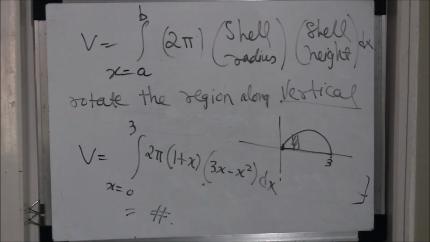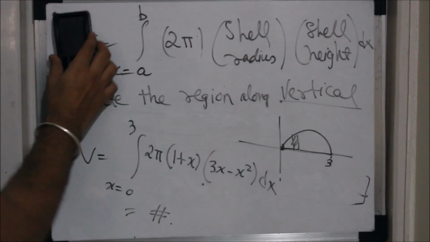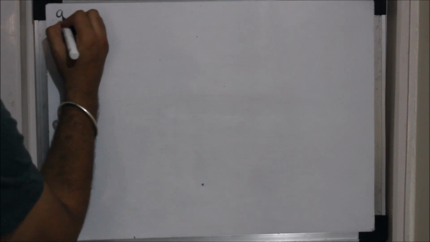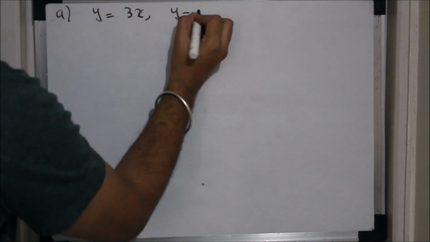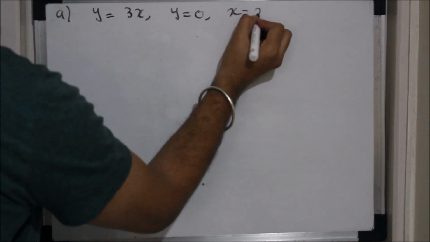Now let me take one nice example where everything will be covered: horizontal line, vertical line, coordinate axis and non-coordinate axis. The example is y equal to 3x, y equal to 0 and x equal to 2.